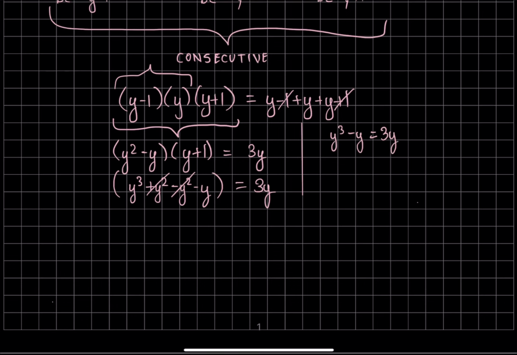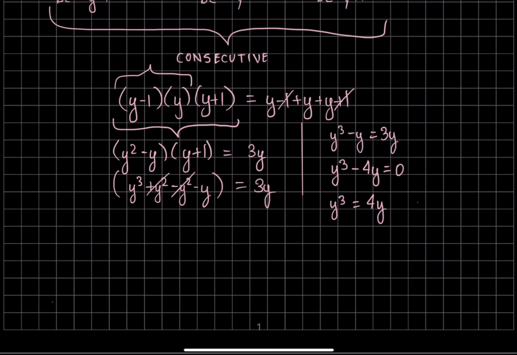So if we take our 3y to the left-hand side, that gives us y cubed minus 4y equals 0. Now, if we take the 4y to the other side, that gives us y cubed is equal to 4y.